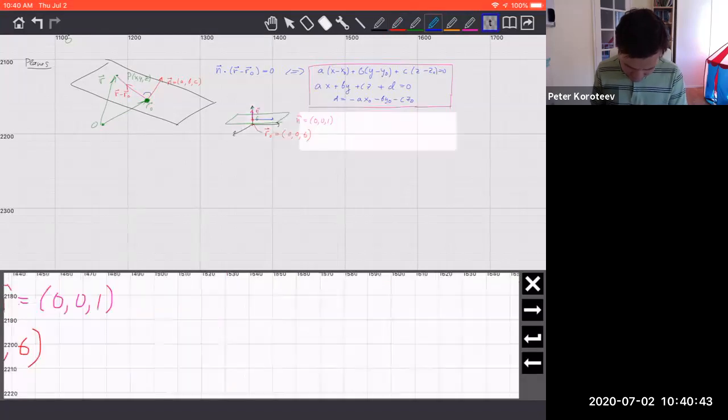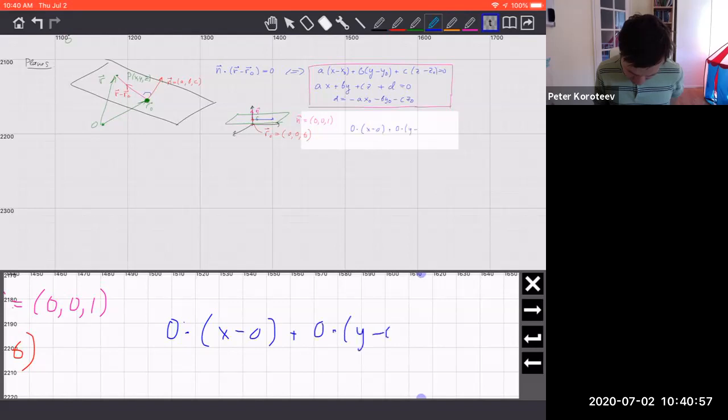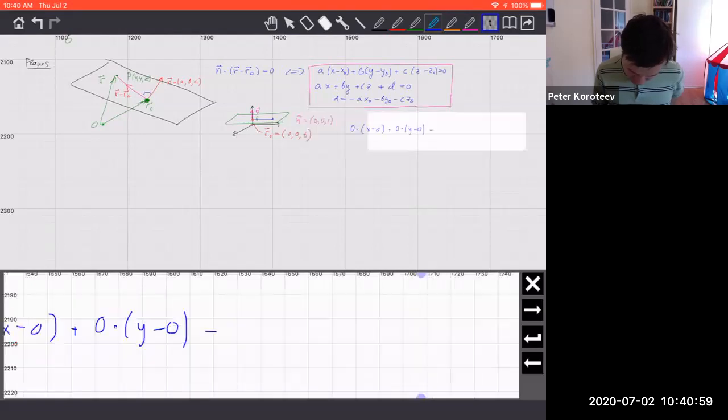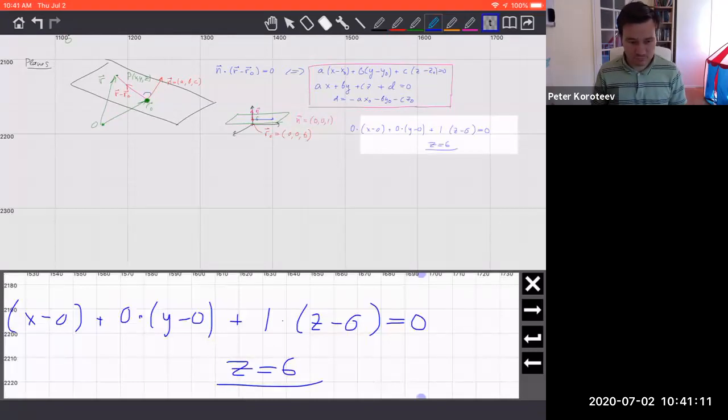So we have 0 times x minus 0, plus 0 times y minus 0, plus 1 times z minus 6 equals 0. Therefore the equation for the plane is z equals 6. So yeah, that works.